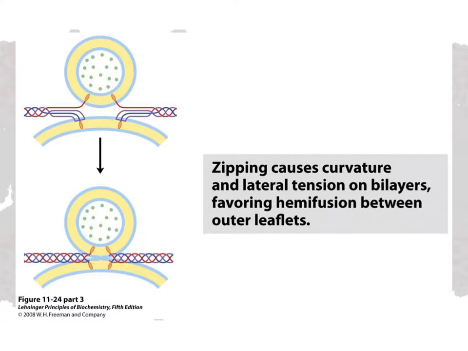Okay. So the first part is called hemifusion, or half, as you can see depicted here in the bottom, to where the two outer leaflets get fused together. Okay.